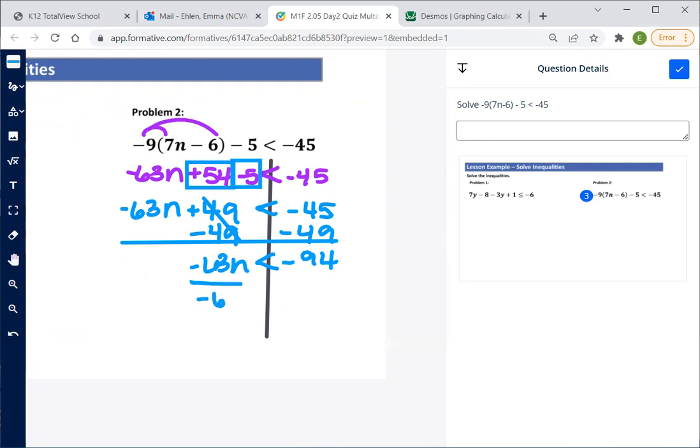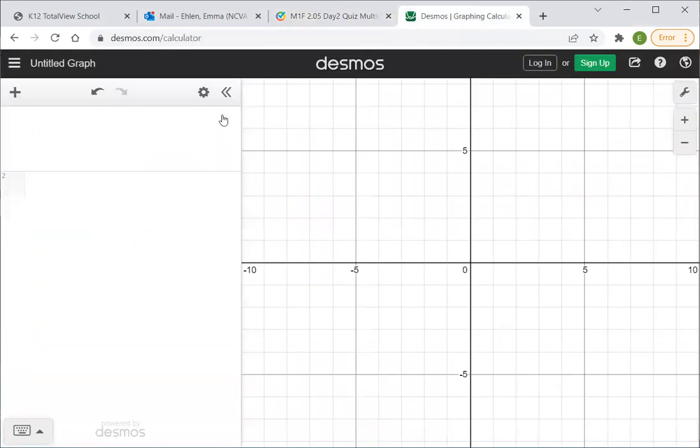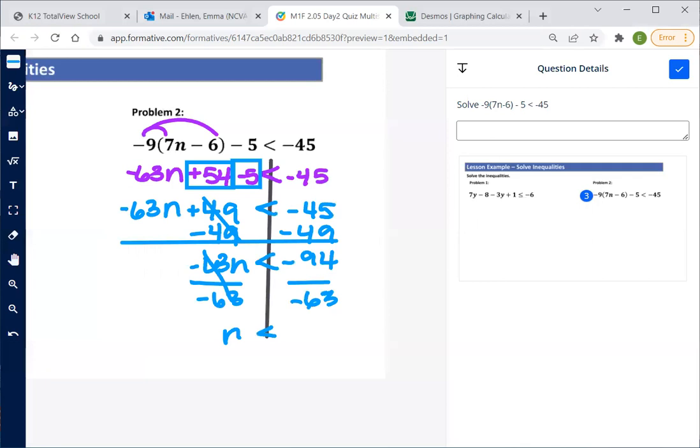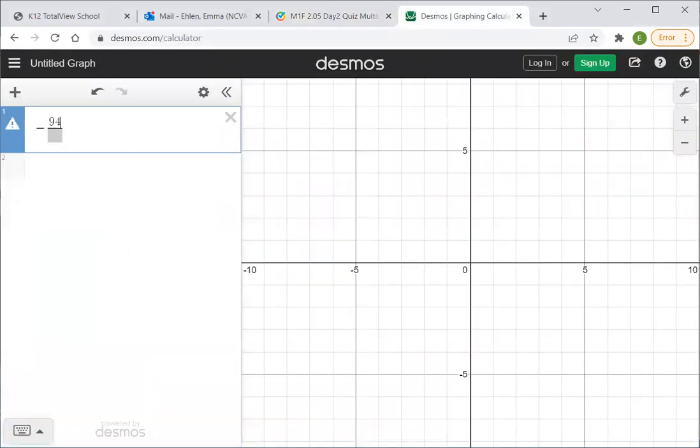Last but not least, we want to divide by -63. That gives us n is less than, and I would assume they want a decimal again. So we want -94 divided by -63.